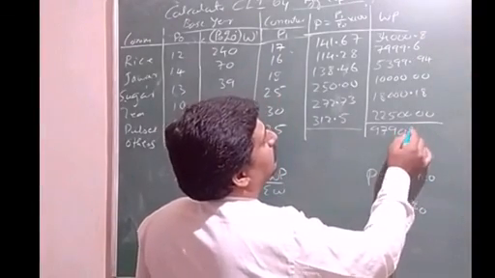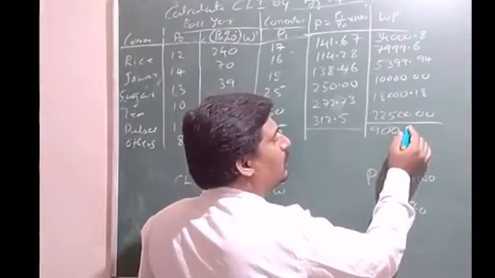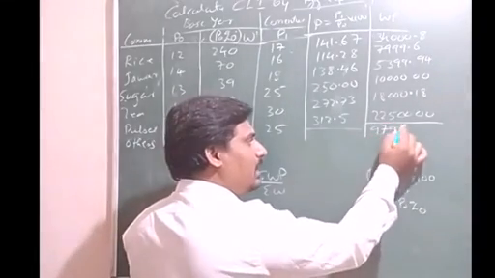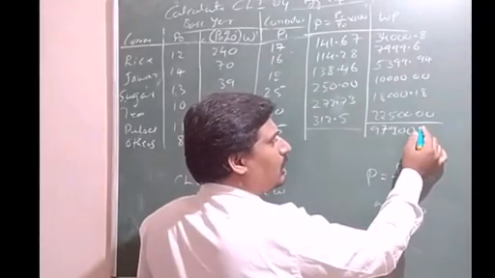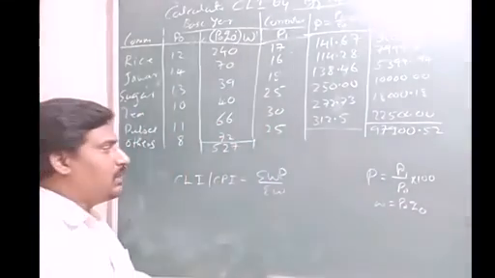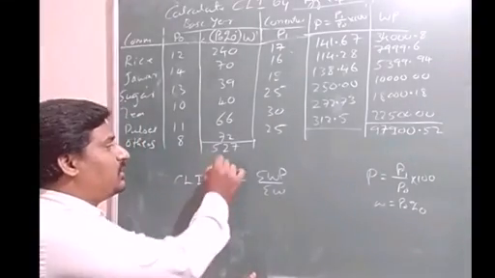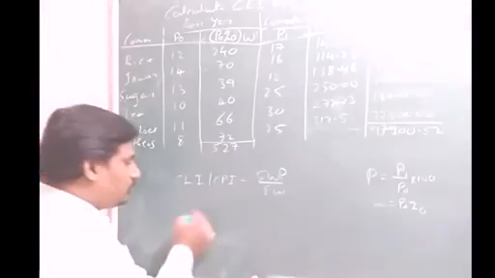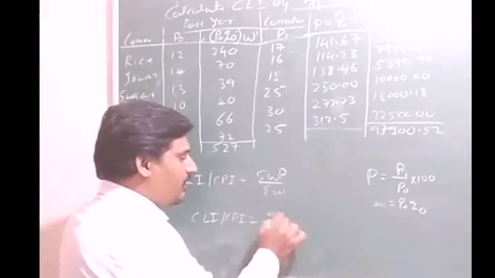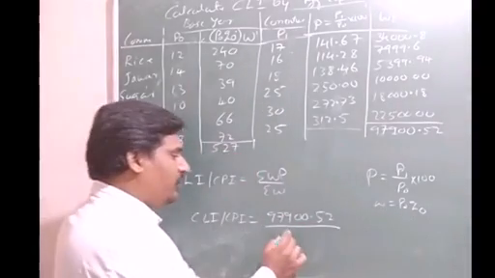So summation WP is 97,900.52 and summation W is 527. Now CLI or CPI is equal to 97,900.52 divided by 527.